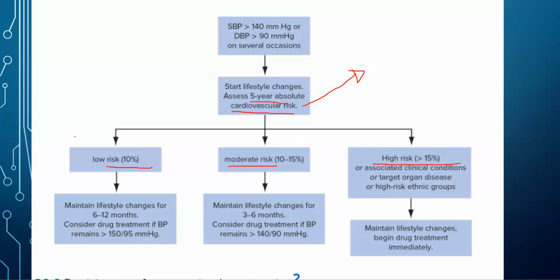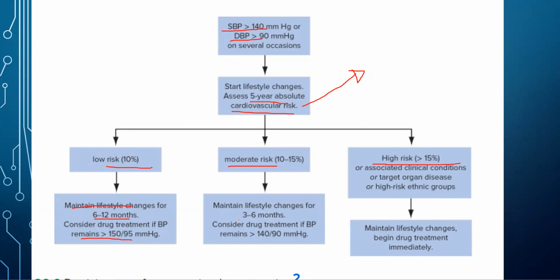If 5-yearly cardiovascular risk is low and there is hypertension, maintain lifestyle changes for 6 to 12 months. After 6 months, if blood pressure is still elevated, then consider drug treatment for a low risk patient.